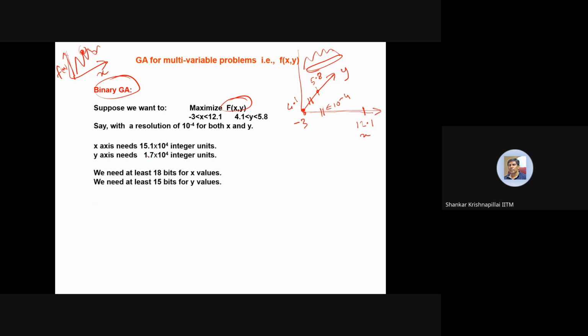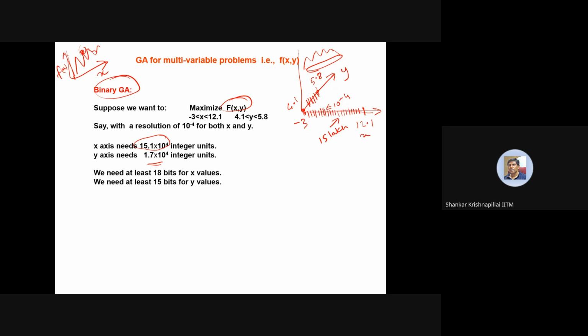Okay, so X-axis needs 15.1 into 10 raised to 4 integer units, or 15 lakh integer units. X-axis needs 15 lakh integer units because its range is more. Okay, and Y-axis needs only 1.7 into 10 raised to 4, or 17,000 integer units.